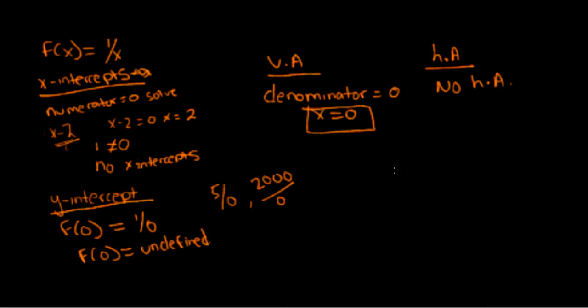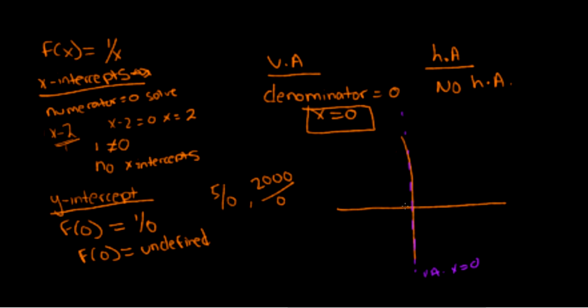So now we're going to start to graph this function. We know that there's a vertical asymptote at x is equal to 0, which means that the function cannot cross this line.